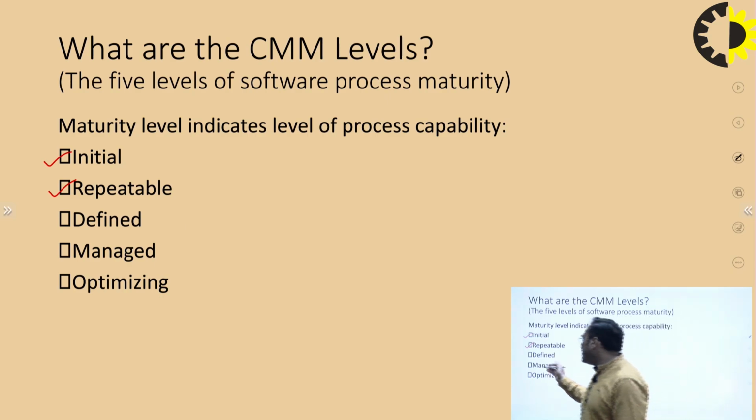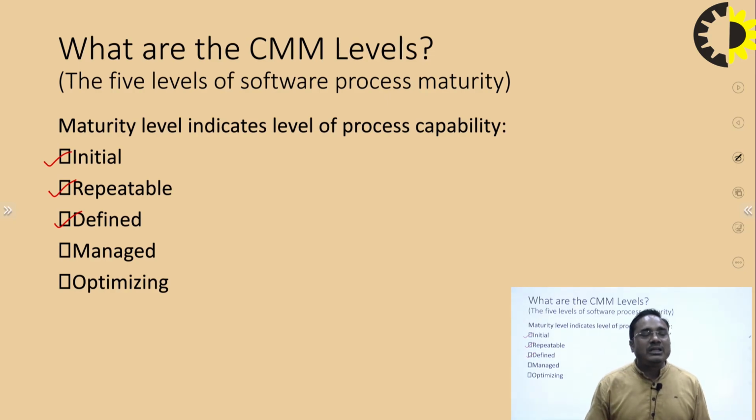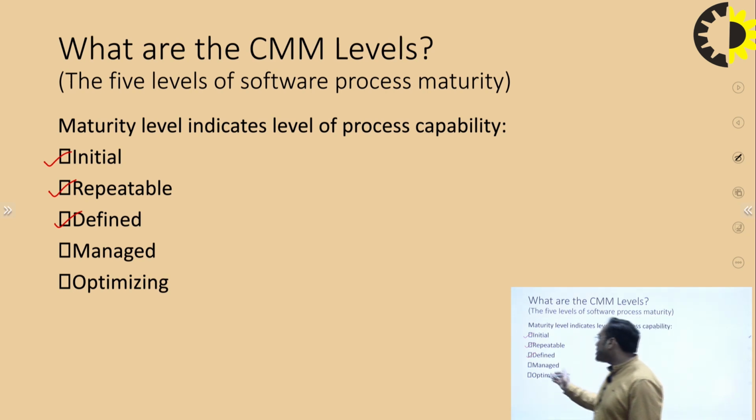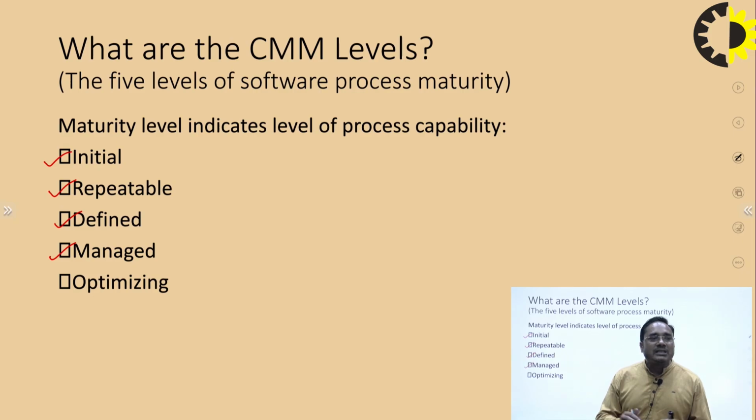Then defined: whatever you are going to use, you will define the variables. Managed: all things are managed or not. If you have defined all the things and they are working but not in a managed manner, your software is not up to date and not properly working.